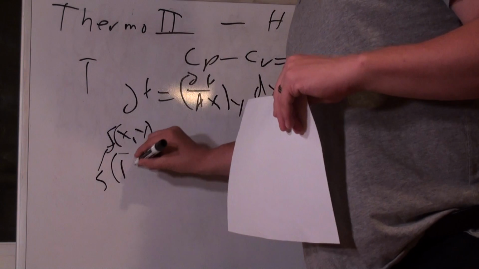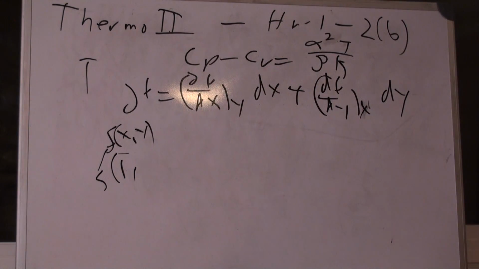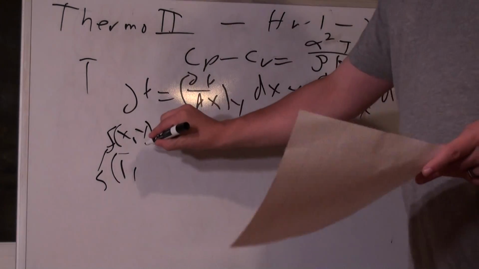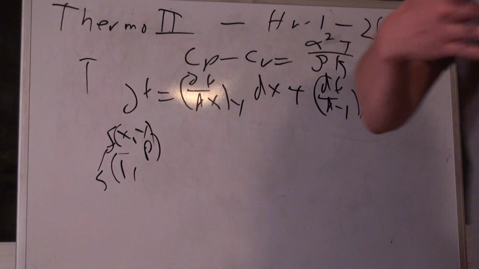So S is a function of T. I got dS dT at constant V equals Cv over T, and dS dT at constant P equals Cp over T. So it looks like I should have either V or P. Thinking about the addition, that one has a minus, that one doesn't, so let's pick P. But in all honesty, it doesn't matter.